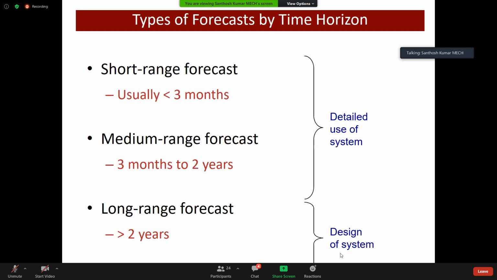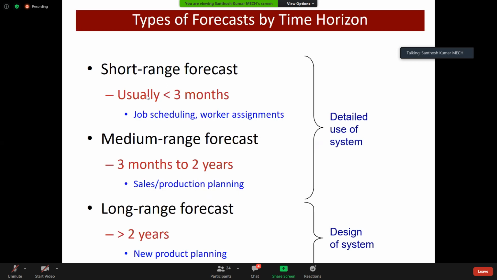You can't see any work in this area, but only the forecasting and how the future manufacturing process is going to start can be decided in these 2 years in long range forecasting. So, new product planning only. In medium range, it is sales and production planning, and in short range forecasting, it is job scheduling and worker assignment. So here you can see the physical work forecasting.